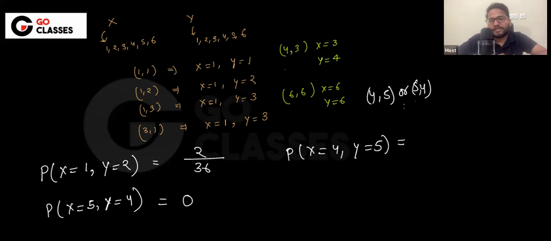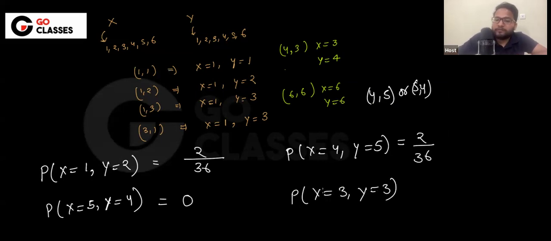You will be getting the same assignment, which means 2 by 36, right? So now tell me this probability. Whenever both are getting 3 and 3, what is the probability here? 1 upon 36, isn't it?